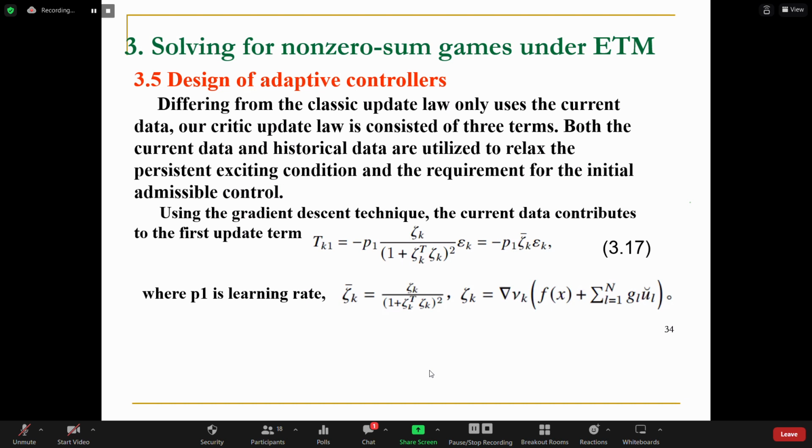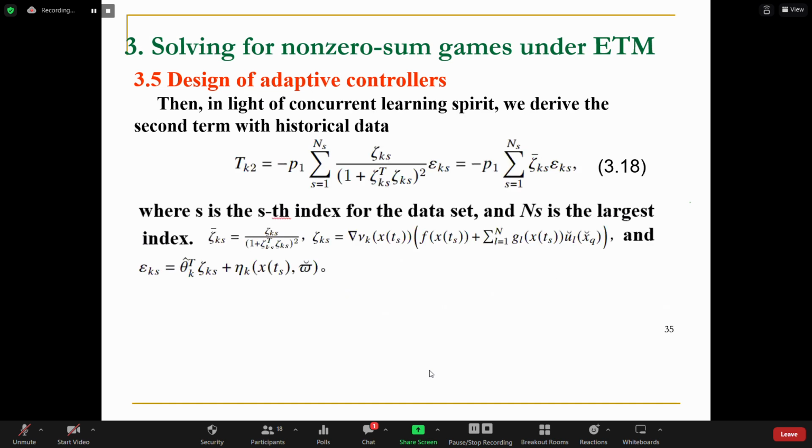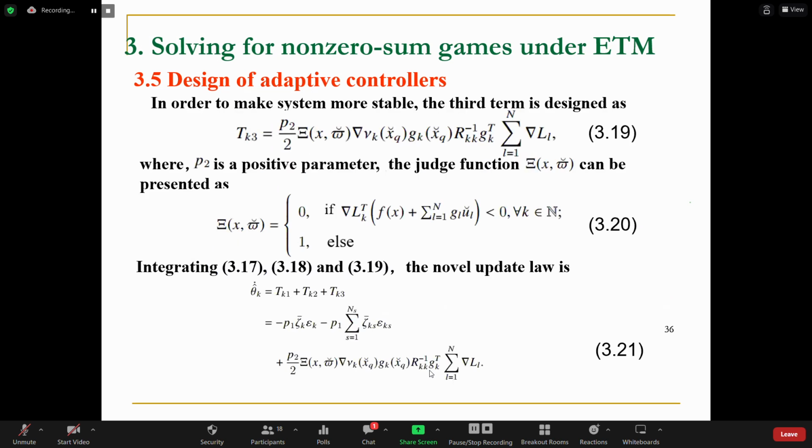First, we use the gradient descent technique to derive the first update term. Then, based on the concurrent learning spirit, we can derive the second term. Finally, in order to make the system more stable, the third term is designed as follows.